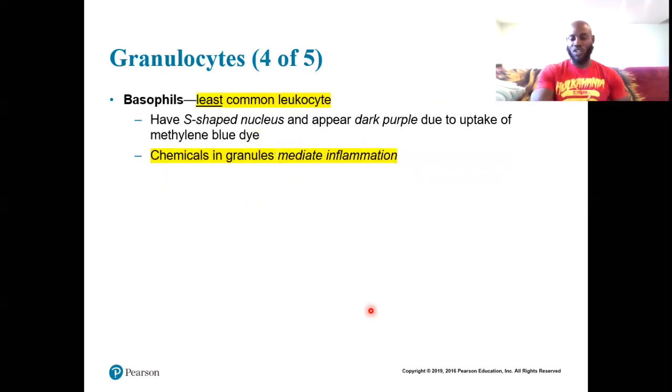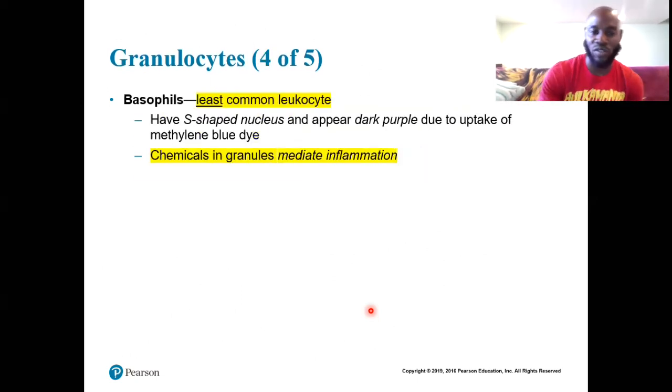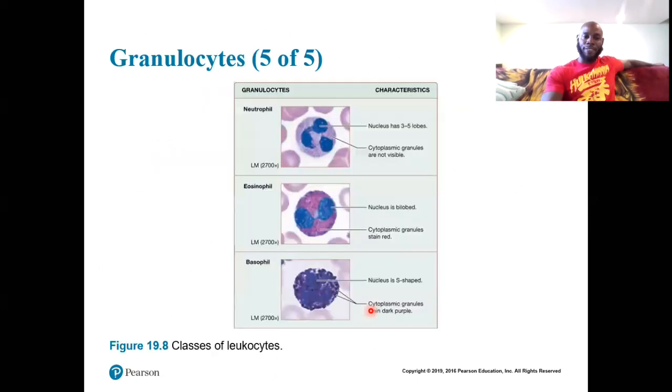All right, remember those terms because these are important. Basophils appear dark purple. Chemicals and granules mediate inflammation. Notice the eosinophils also mediate inflammation. For basophils, one of their most important functions is that they mediate inflammation.